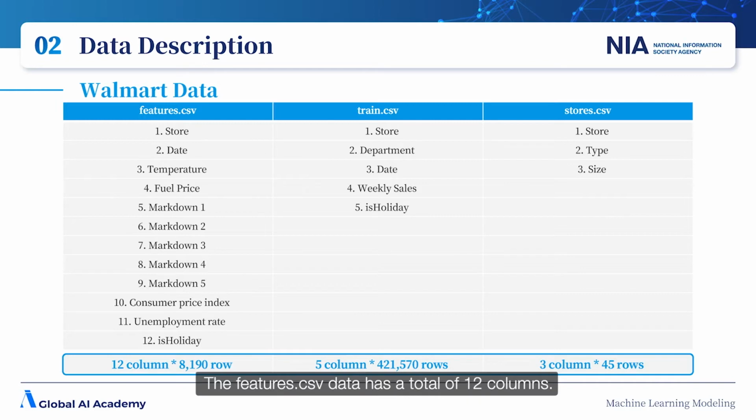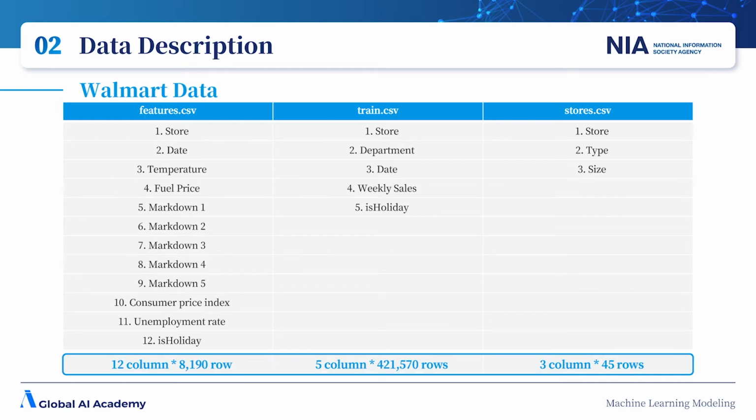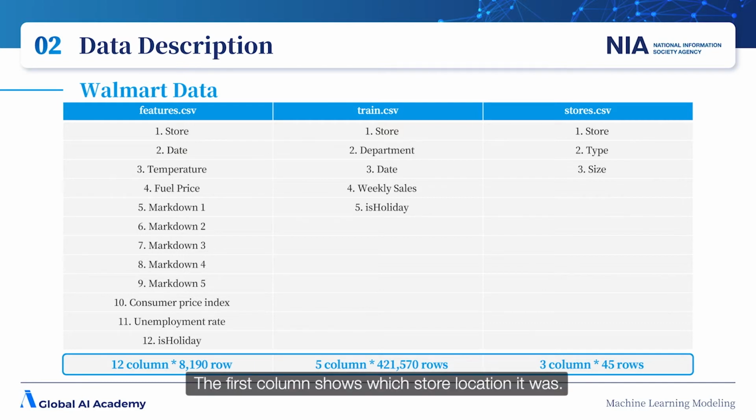The features.csv data has a total of 12 columns. The first column shows which store location it was, and the next one has dates with 1-week intervals. And then it has the temperature of the regions where the store is located.